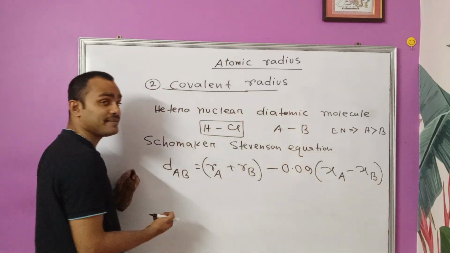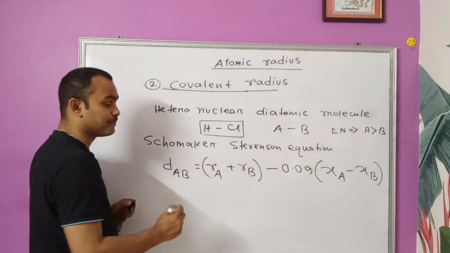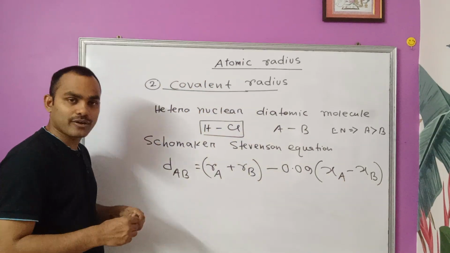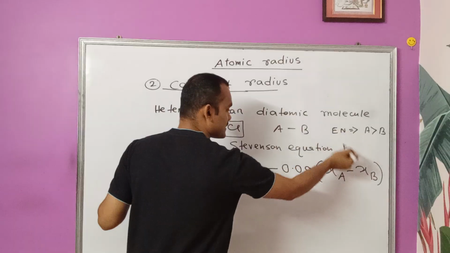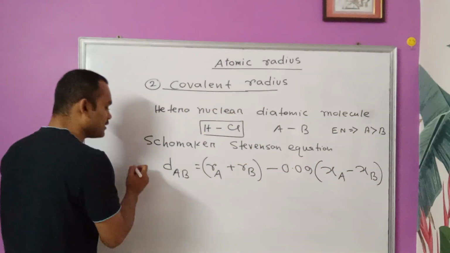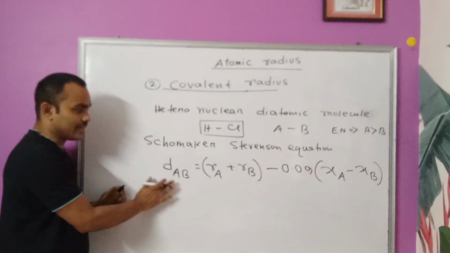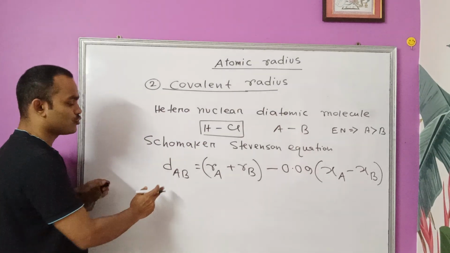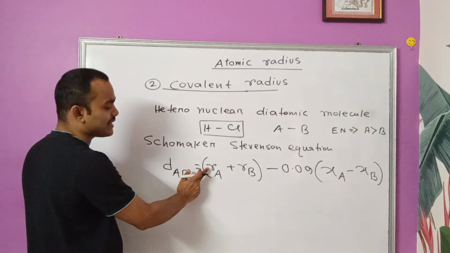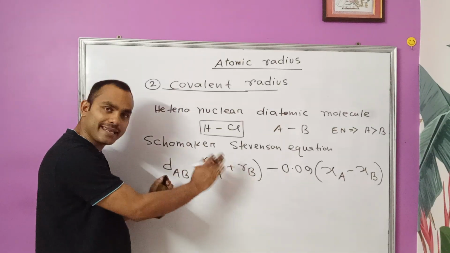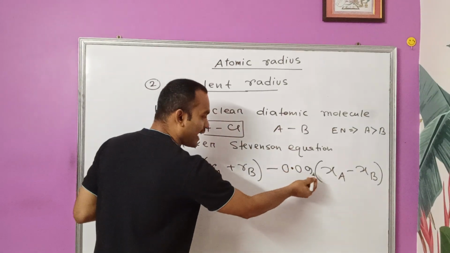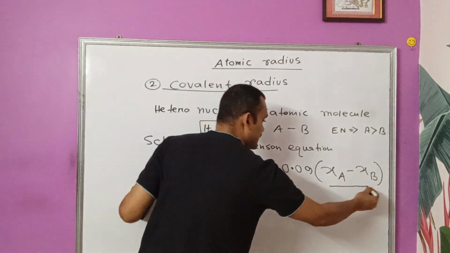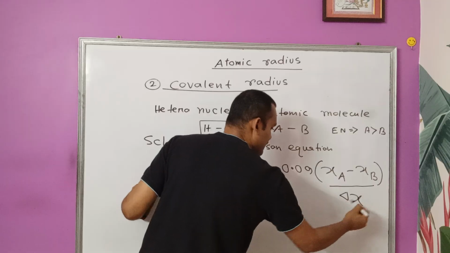This xi A and xi B are the electronegativities of A and B, where electronegativity of A is greater than B. Clear? So by using the formula we can get the diameter. Diameter means the bond length, and after that you can find out the radius.